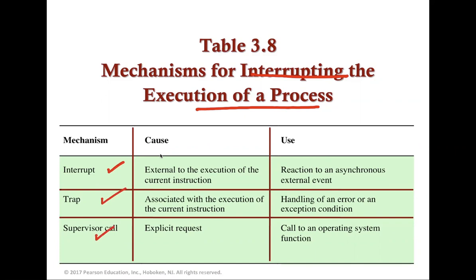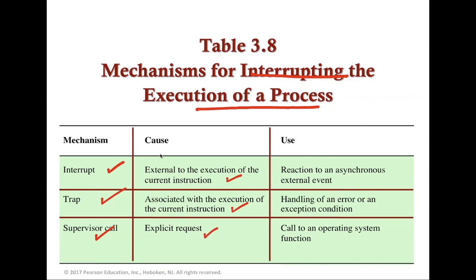The cause for an interrupt is mainly related to an external event to the execution of the current instruction. The trap is not external, it is internal, and it's associated with the execution of the current instruction. Supervisor call is mainly caused by an explicit request.